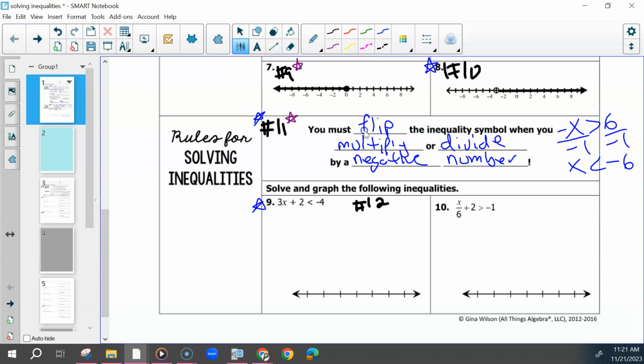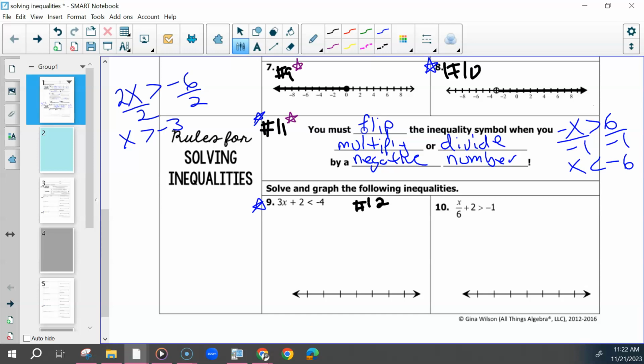But if you have x is greater than negative 6, let's change that to 2x so we can actually divide. Here we're dividing by a positive number, so the sign would not change. So it depends. If you're dividing by a negative, the sign changes. But if you're dividing and the result is negative, you do not change.